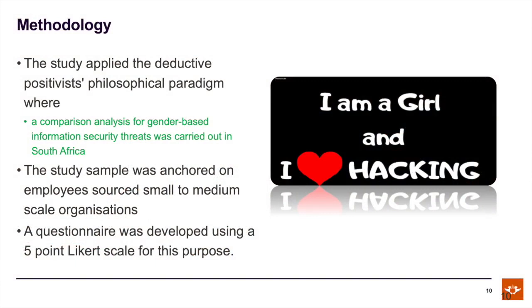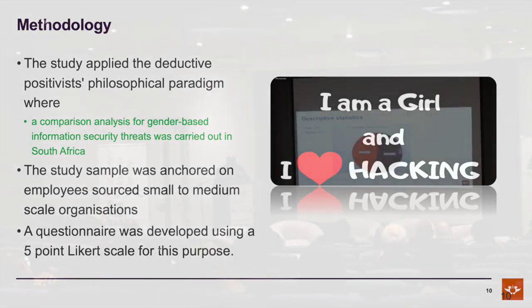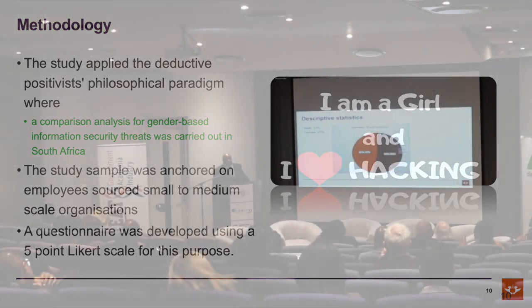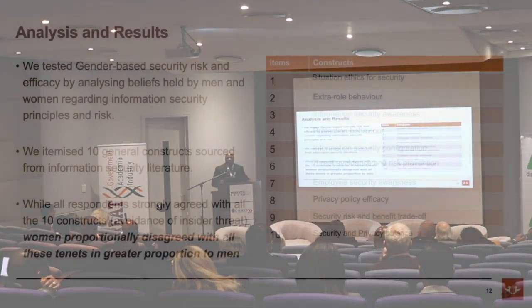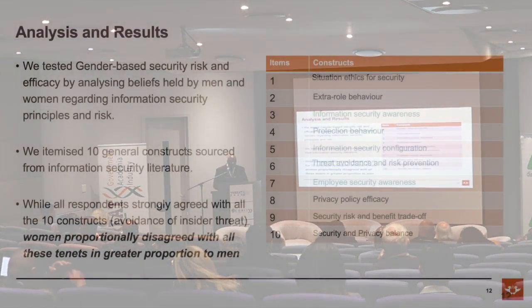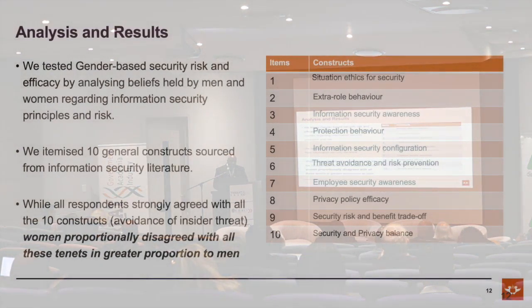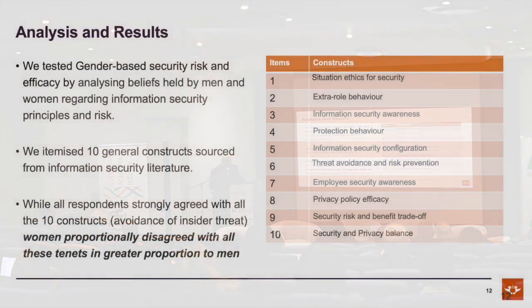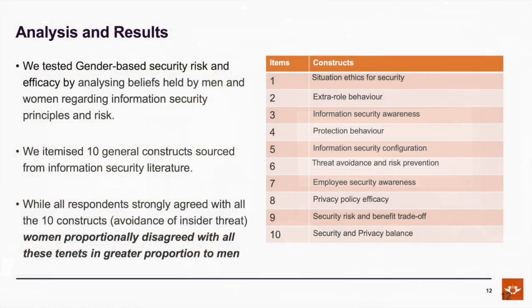I need to rush a bit. We did a positivist study, and I'll rush through the ontology. We contrasted between male and female gender, and wanted to know, based on 10 constructs of security that most of us are familiar with, regarding their consciousness of extra-role behavior, protection behavior, and security awareness, how conversant are women towards these things?